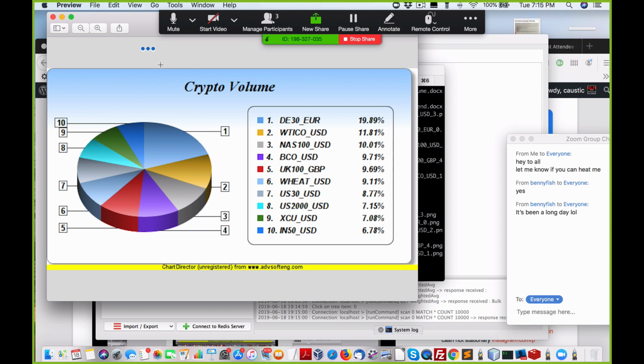What is trading right now? This gets updated every hour, and you get to see pretty well close to real time what is trading. So here, obviously, by volume, it's the Deutsche 30, and then oil, WTI, NASDAQ, and then Brent crude is the top 4.